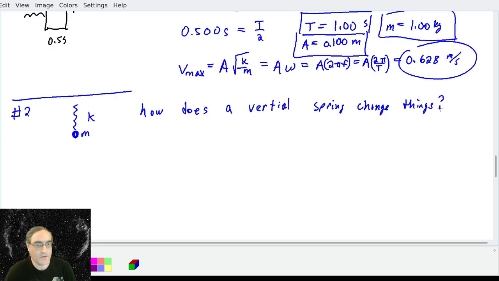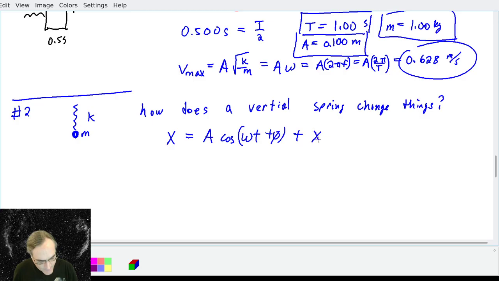Well, you'll learn when you solve differential equations in your actual differential equations class that if you know the homogeneous solution and then you have one that isn't equal to 0 anymore, if that's a constant, it's actually not too bad. And instead of having x is equal to A cosine of omega t plus phase, just like that, you'll also have plus some offset that will depend on the additional force.